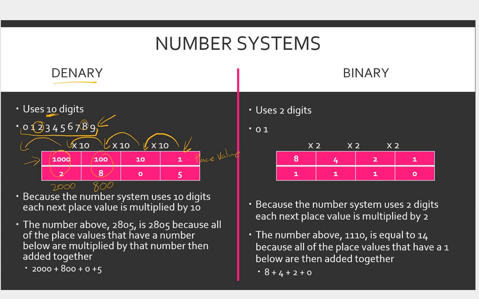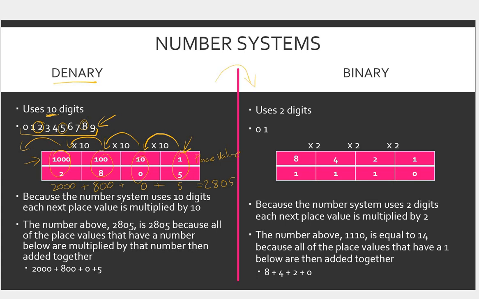And 0 with 10, that would give us 0. And the digit 5 underneath the one place value, that would just give us 5. And all we then have to do is add these numbers together, and that's how we get the number 2,805.